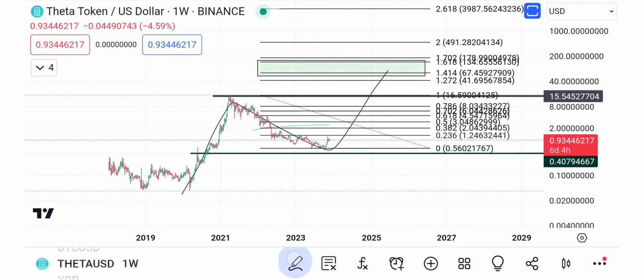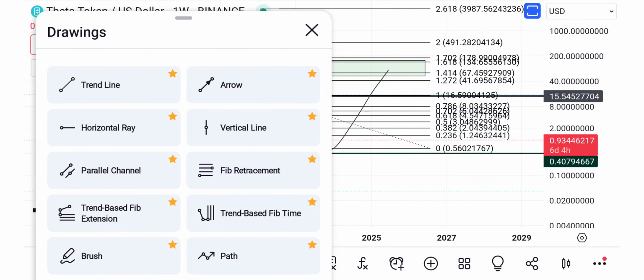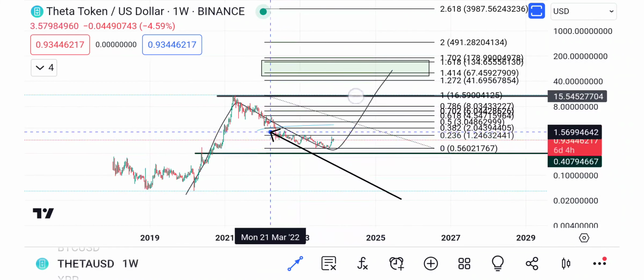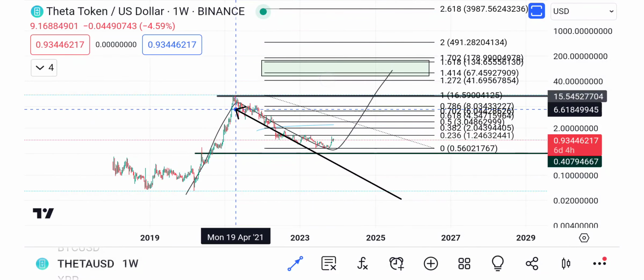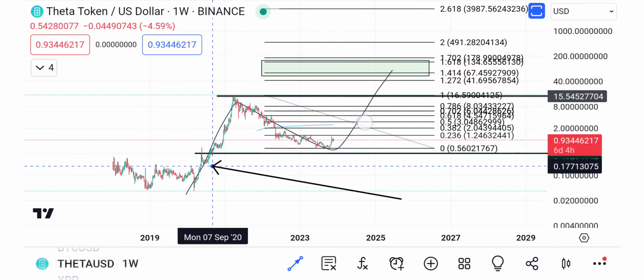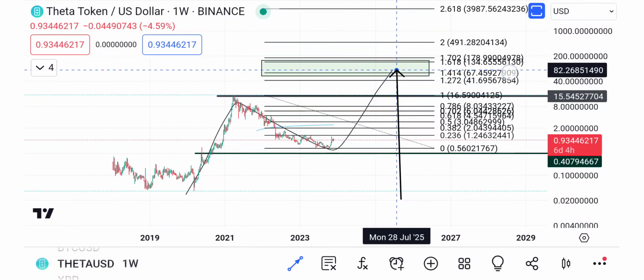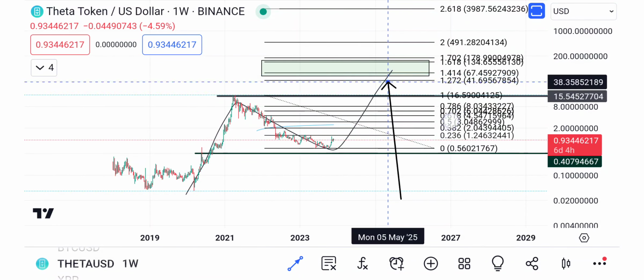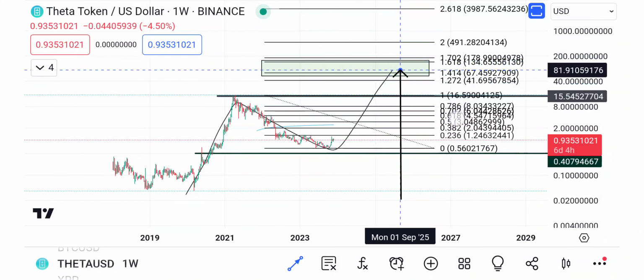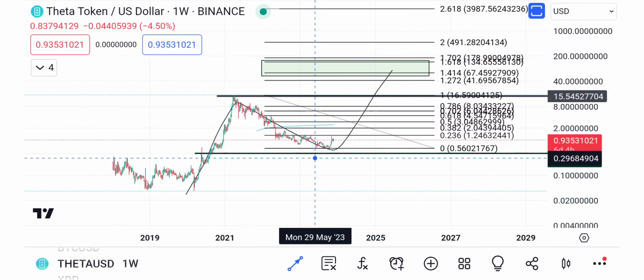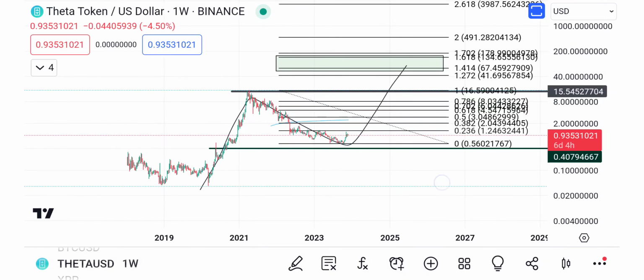Doesn't that look proportional to you? If you look at this wave here, look at the length of it. And now just take that same wave and put it right there. It might not make it completely there, but from a proportionality standpoint, it's right on track. And when you're looking at log scale, everything is proportional.